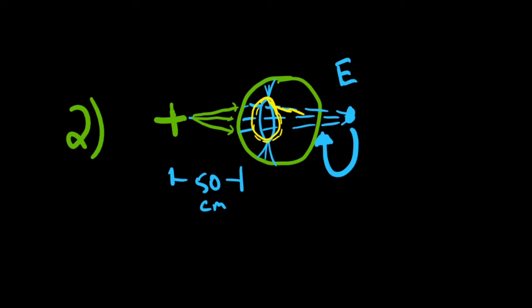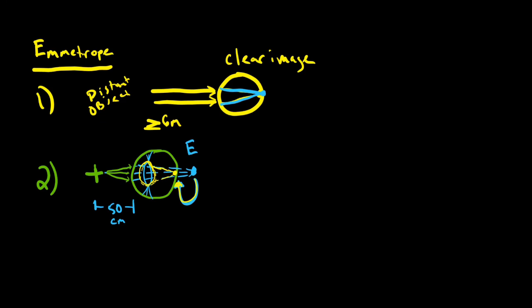Therefore, once it's more curved, we know that there's more convergent power, and we are able to achieve what we wanted to: bring the point of focus from behind to the fovea.